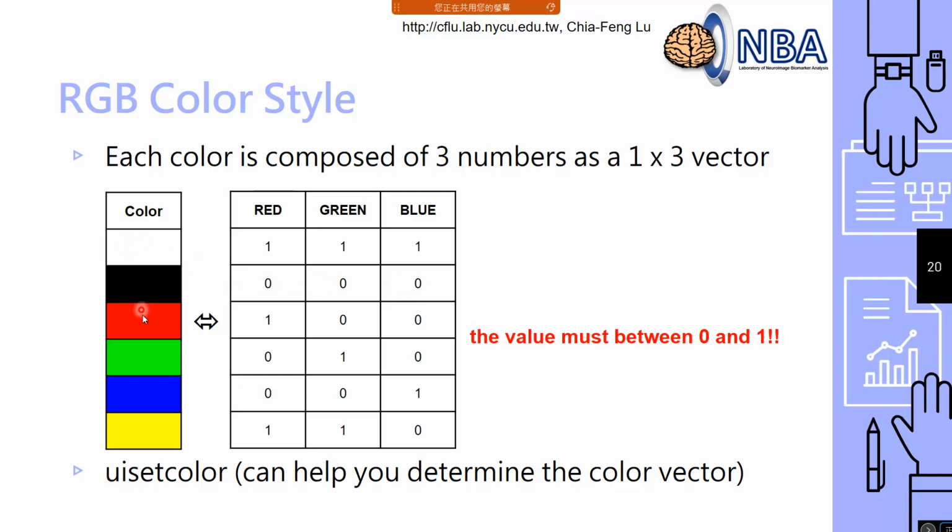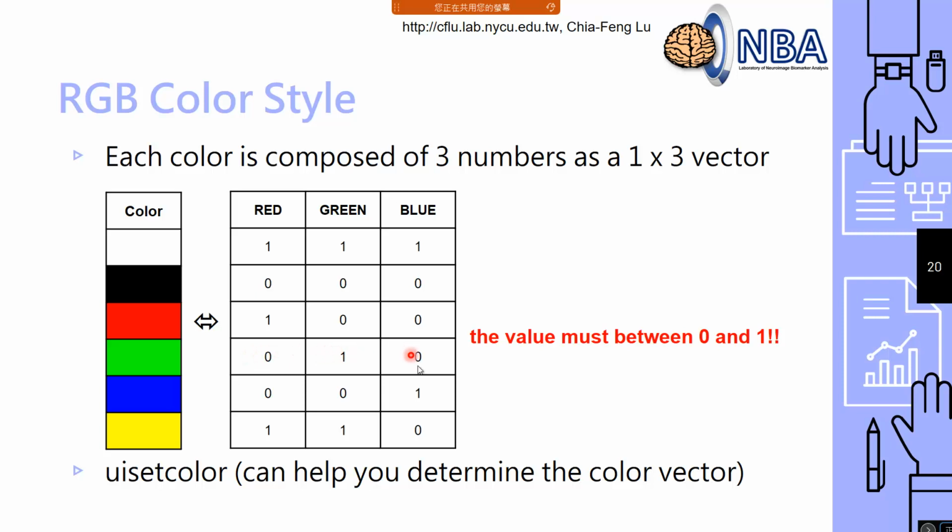How about red? The pure red would simply be 1, 0, 0, because you only have the red component, you don't have the green and the blue, right? Similarly, for the green, you get the 0, 1, 0 code right here. So I have to say again, each color can be represented by a 1 by 3 value following the RGB coding, okay?